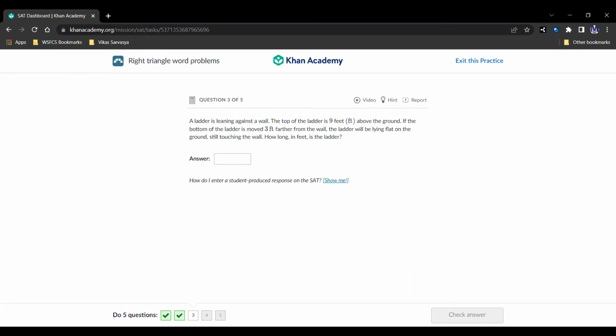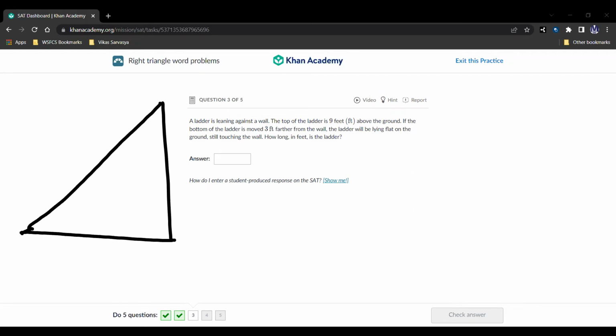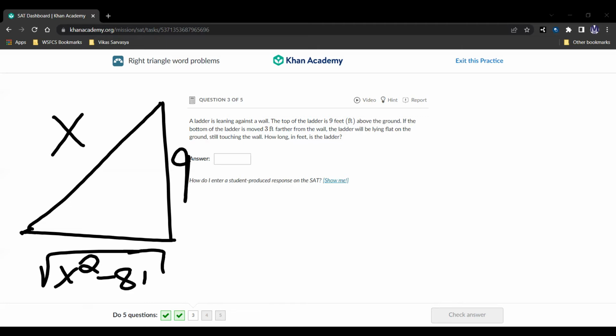let's just draw it actually before we start thinking of what's going on. So 9, and this is going to be x, say, actually we can make this x, and we can say that this is the square root of x squared minus 81 by the Pythagorean theorem.